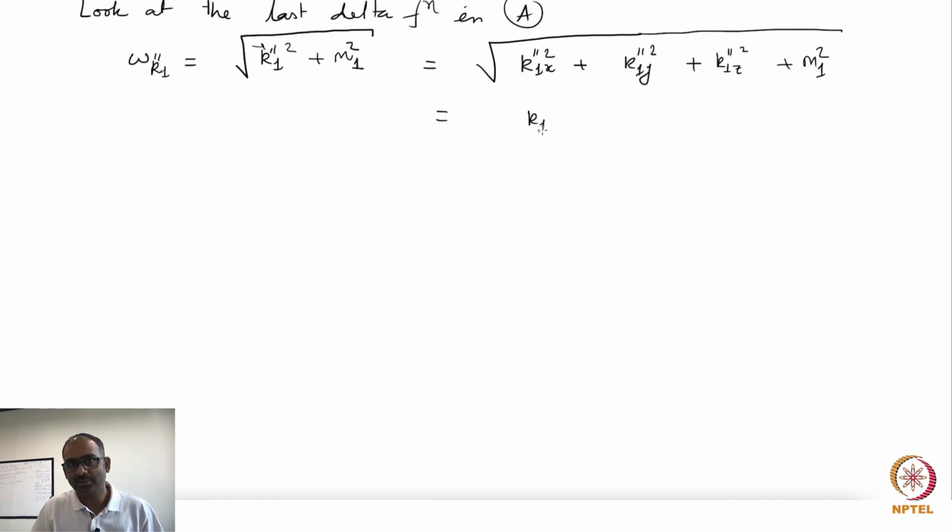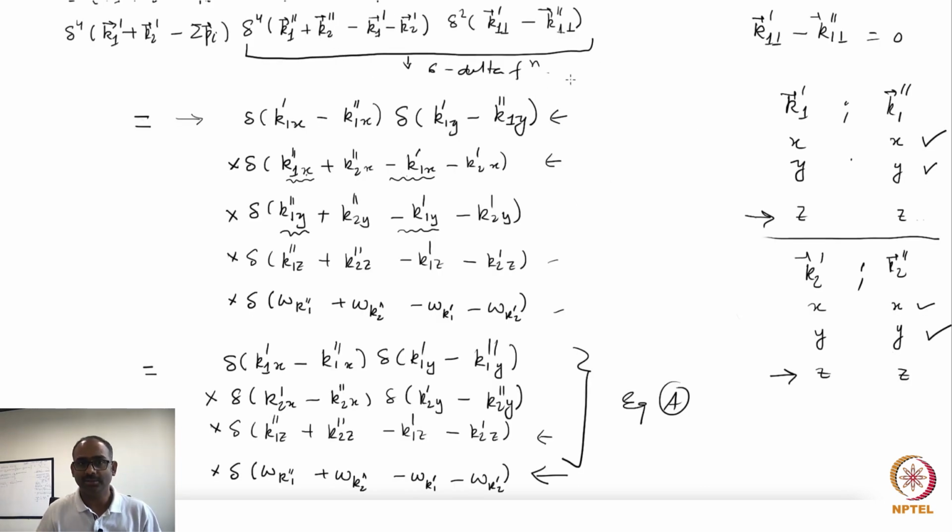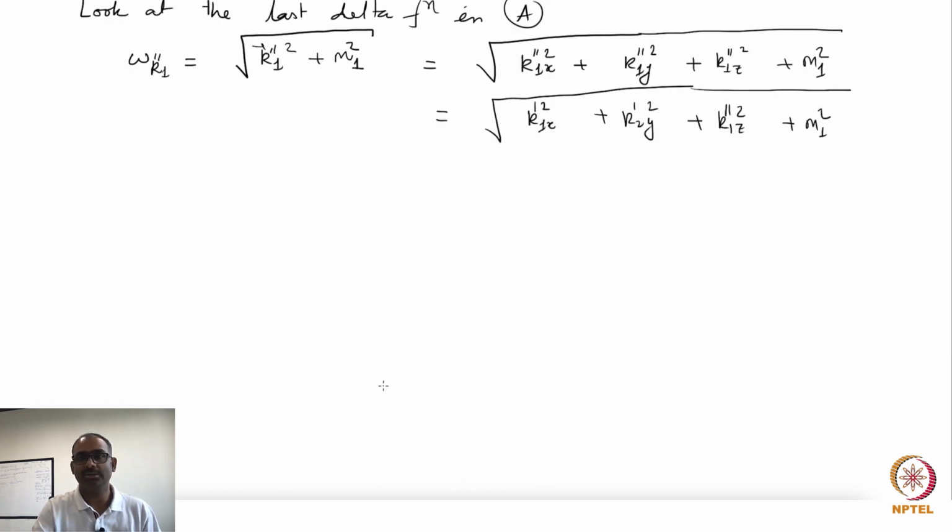So I will write k1 prime x squared plus k2 prime y squared plus k1 double prime z squared plus m1 square. And this I have done using the previous delta functions, because I have these delta functions which allow me to do this.